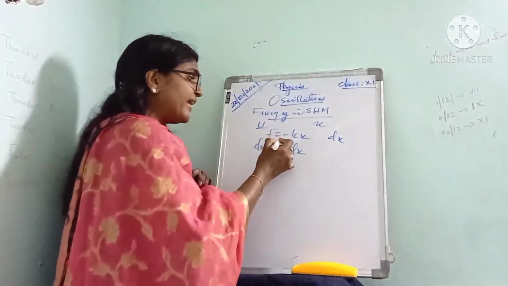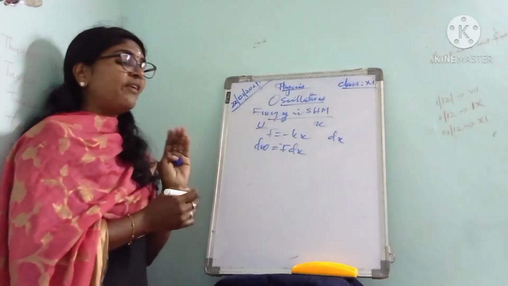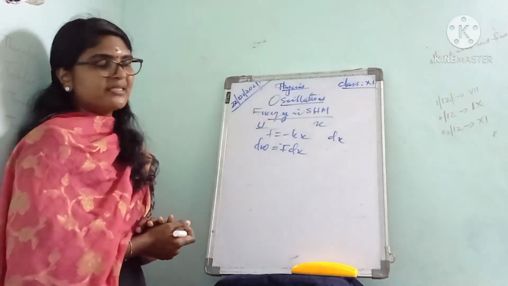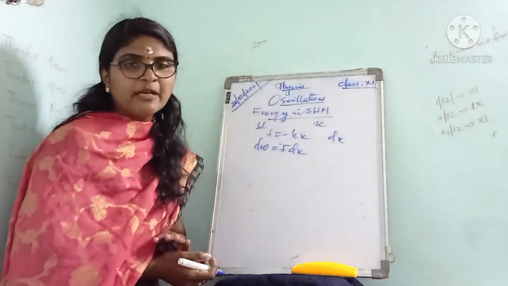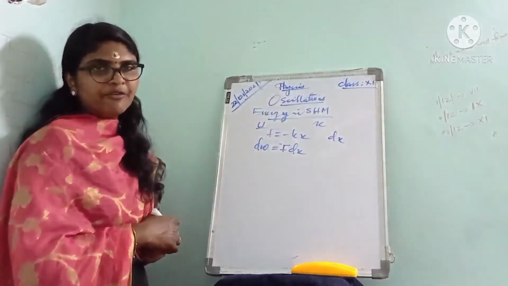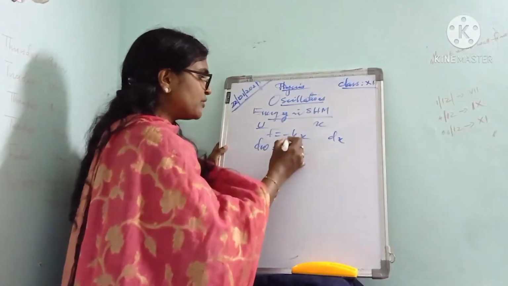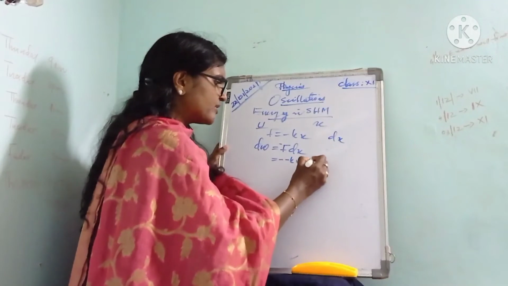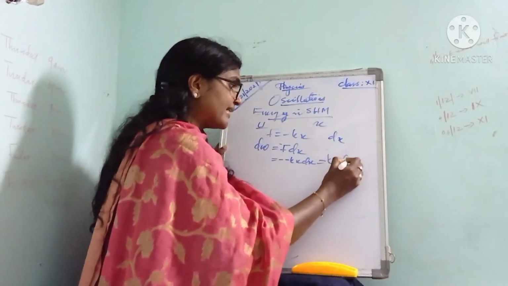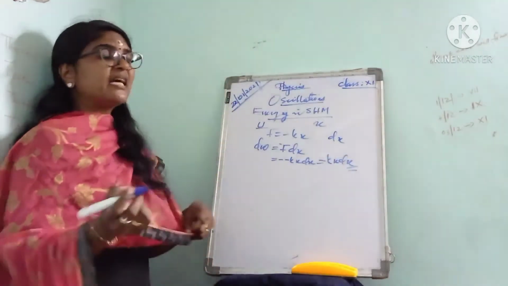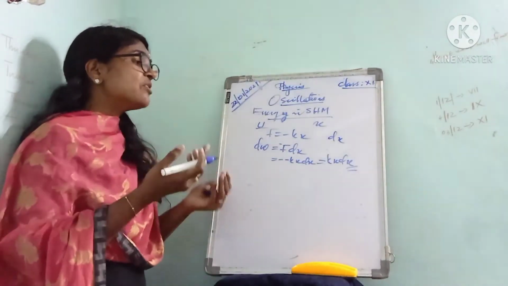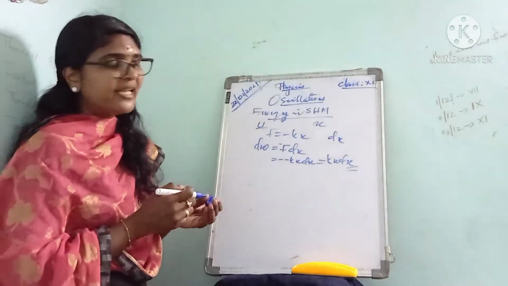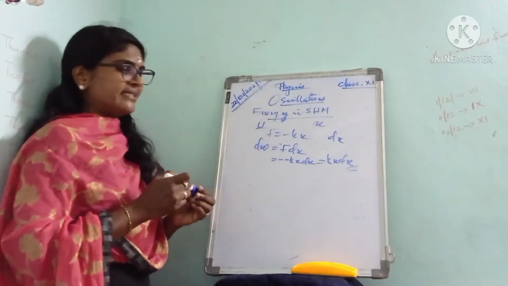Here also we put a negative sign because the work done is against the restoring force. So dW is equal to minus F into dx. Then we can substitute for F as minus kx, so we get kx dx. That is the work done to displace the particle through an additional distance of dx.